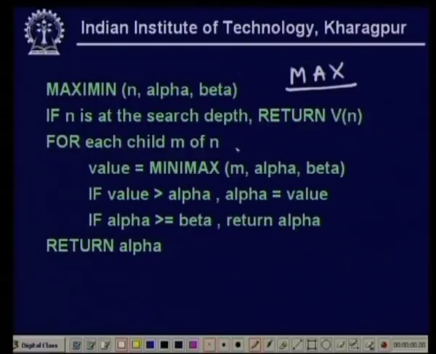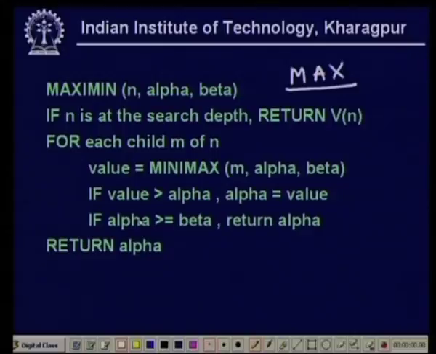Otherwise, for each child m of n, each child of max will be a min node. Its value will be computed by recursively computing minimax(m, alpha, beta). Now, if this value returned is greater than alpha, then we set alpha equal to value. So, we look at one child, it returns a value.